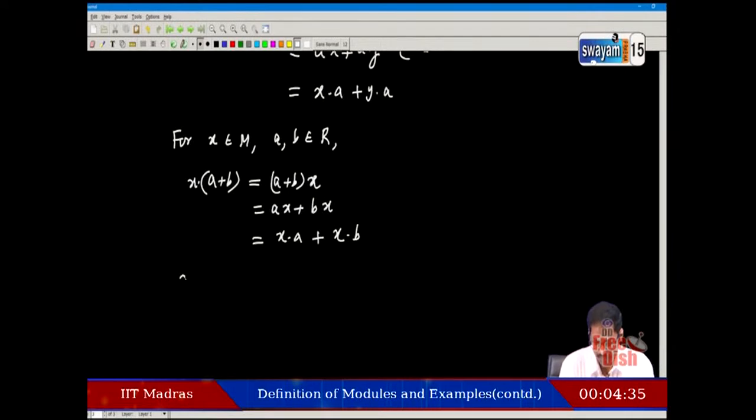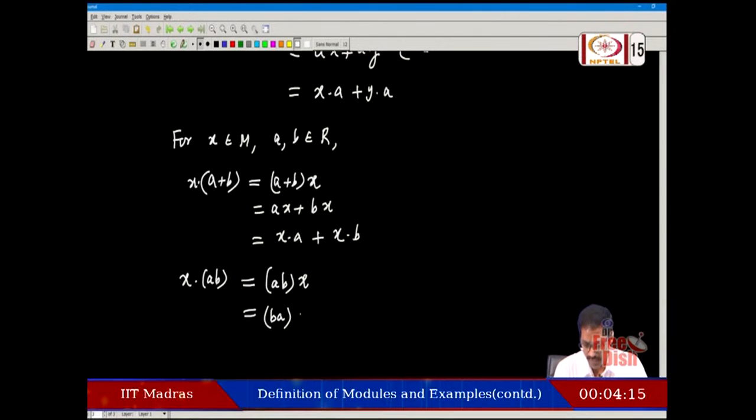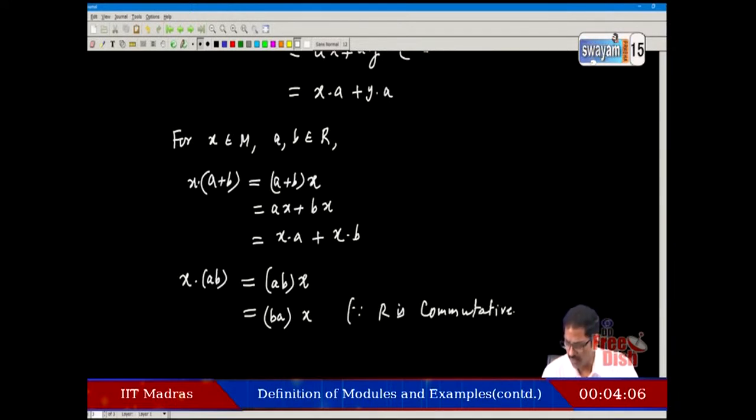And the third one is the important one. x dot ab, according to our definition, is ab of x. But our ring R is a commutative ring, so this we can also write as ba times x, since a and b are elements of R, therefore ab equals ba.